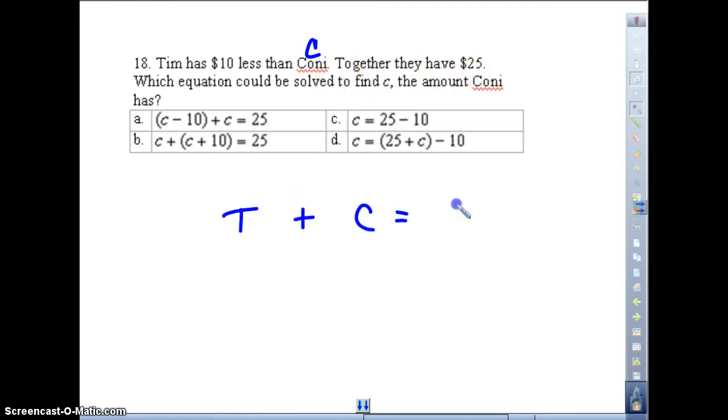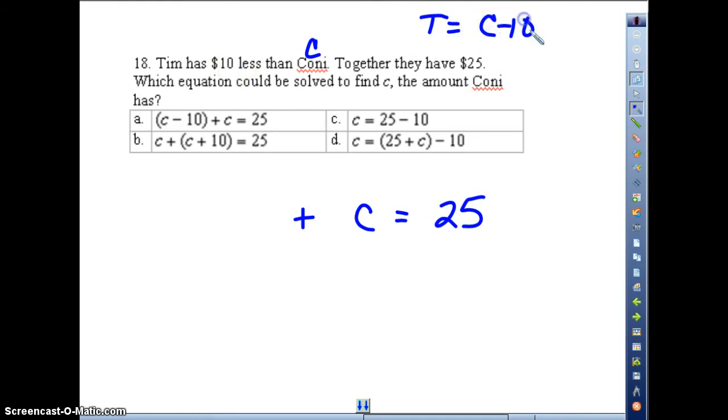Together means you're adding, all right? Well, here's Connie. Tim has 10 less than Connie. So in place of T, I could say, well, T is the same as the amount that Connie has minus 10, right? Remember I had the T right here?